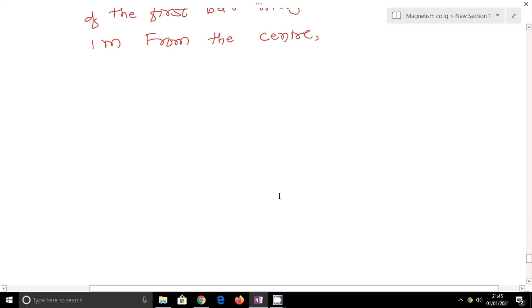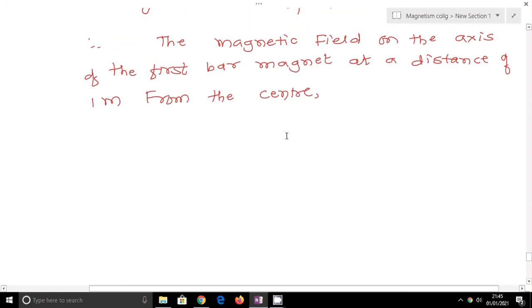Hence the magnetic field on the axis, because point P is an axial point, B_A is equal to mu 0 upon 4 pi. The general formula is mu 0 upon 4 pi times 2m upon r cube.